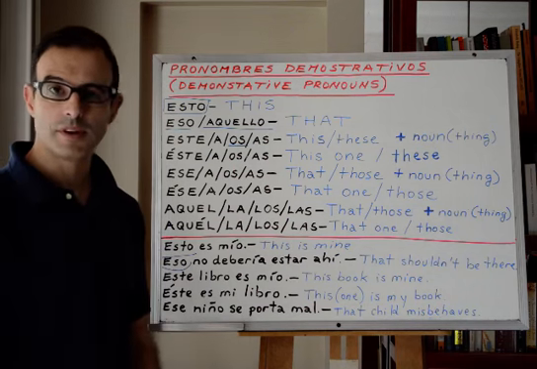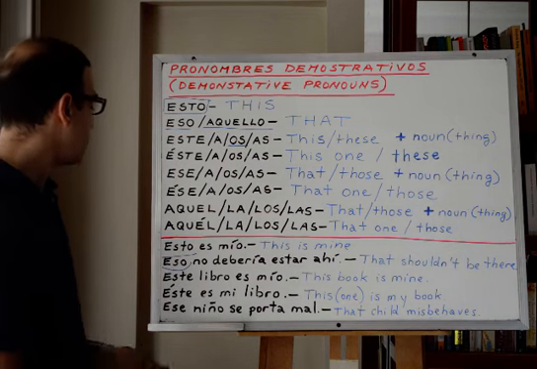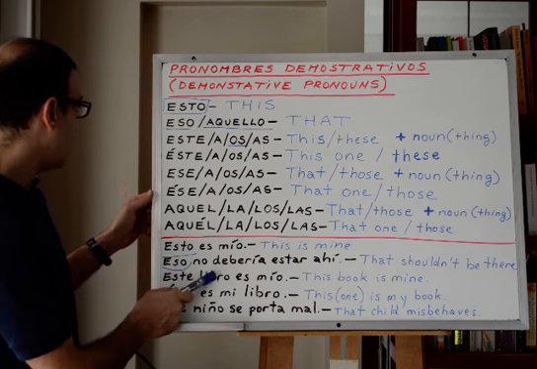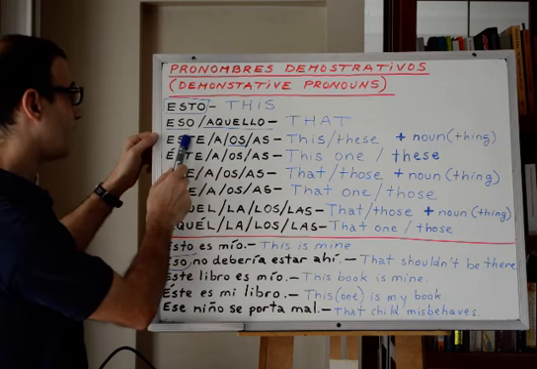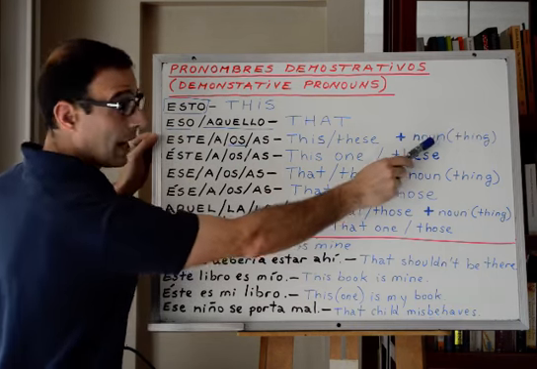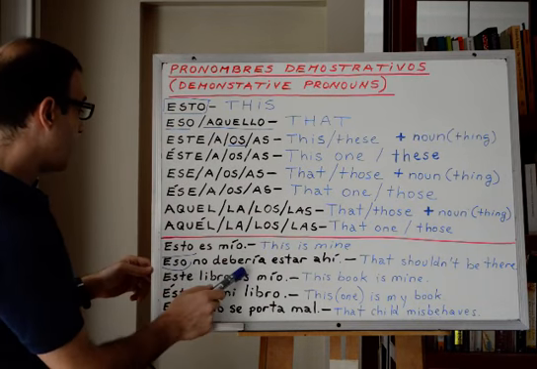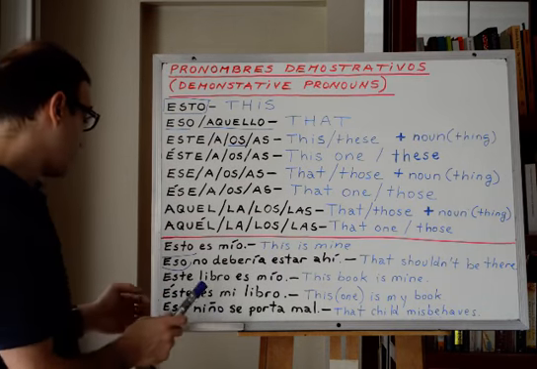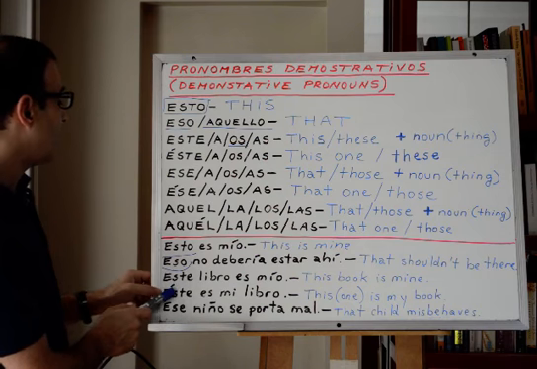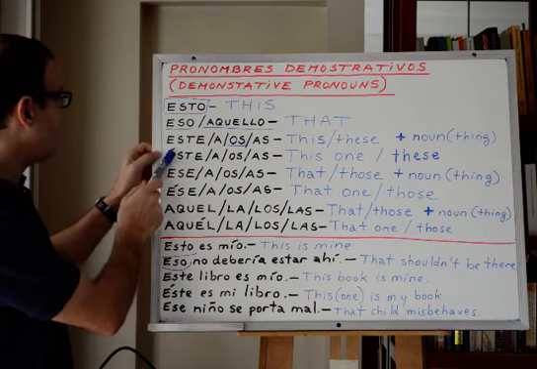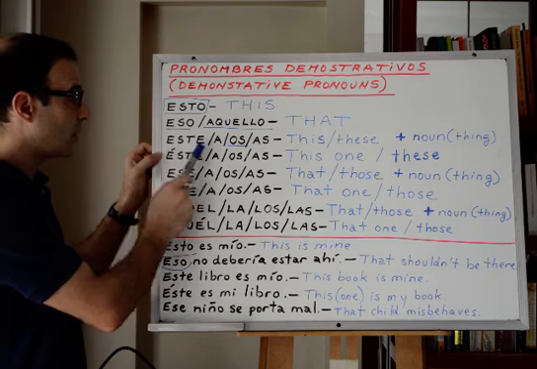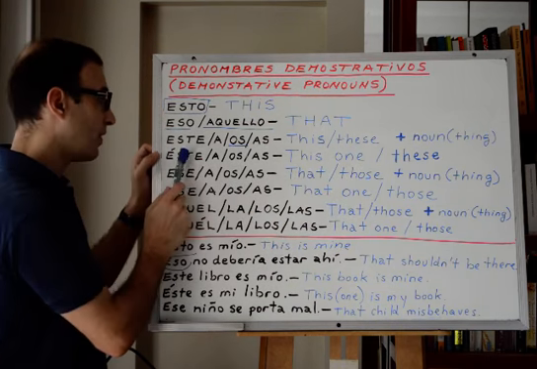Okay? Este libro for this book, the noun, este libro es mío, is mine. Now, éste es mi libro. Éste, right, is not followed by the noun. This one is my book.